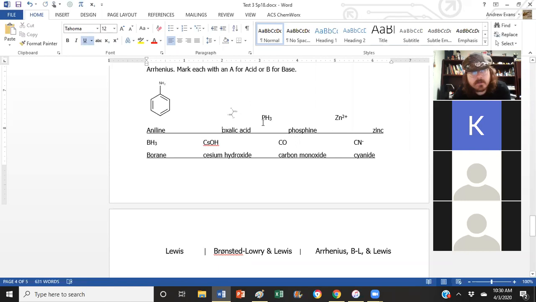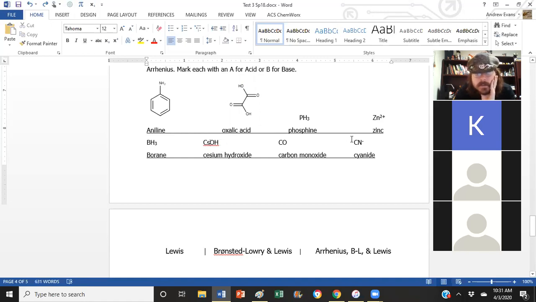Arrhenius, by definition: this guy can donate a hydrogen right there, and that's going to make it Arrhenius. This guy's going to donate a hydroxide right there and it becomes Arrhenius.